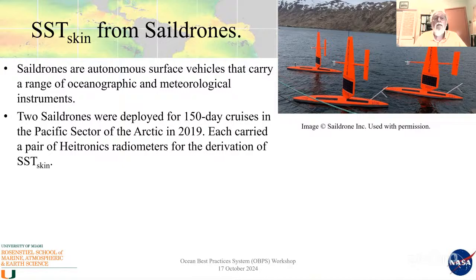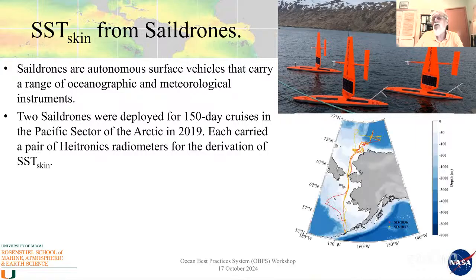So in 2019, we deployed 2 of these for 150-day cruises in the Pacific sector of the Arctic Ocean. And each carried a pair of Heitronics radiometers for the derivation of skin SST. These are the tracks of the 2 sail drones in the 2 different colors, starting and ending at Dutch Harbor.